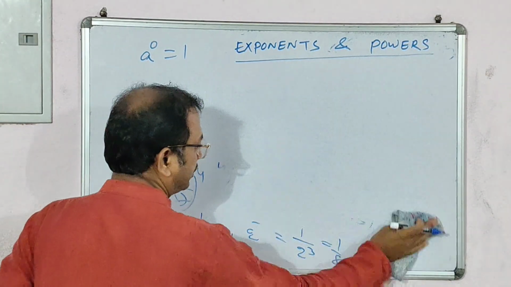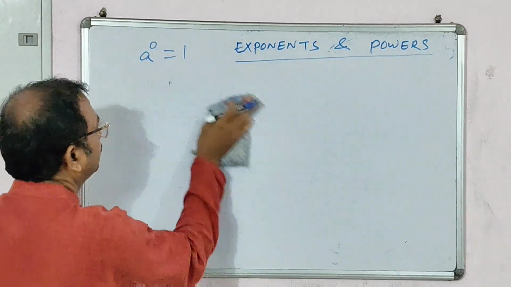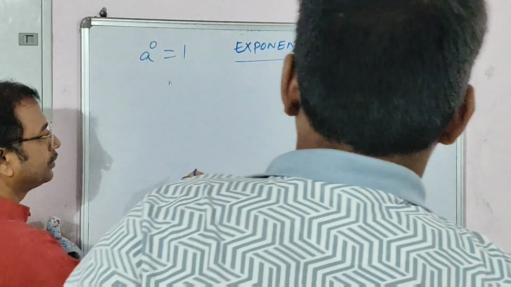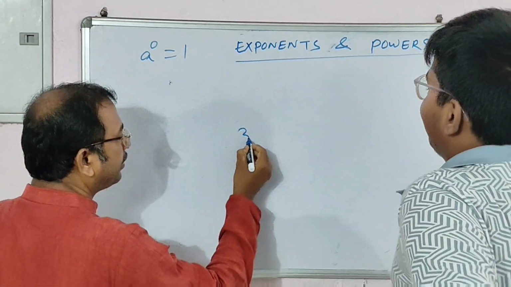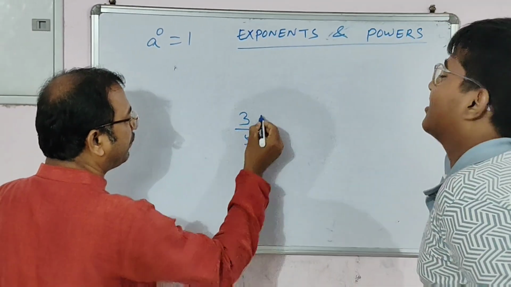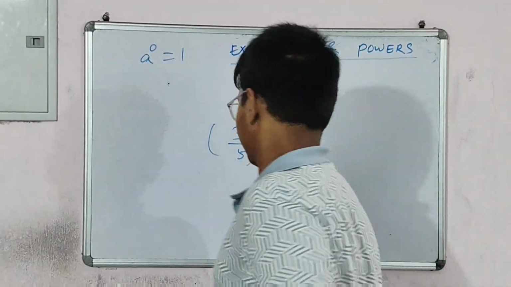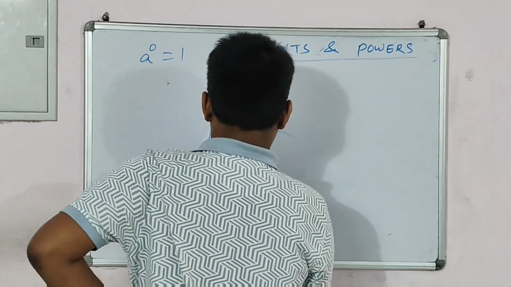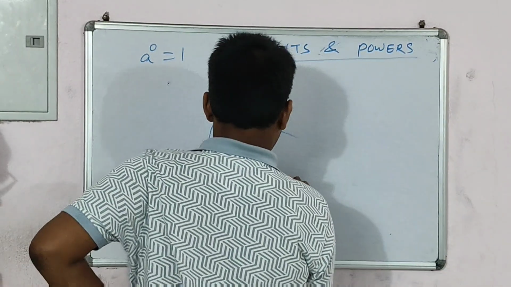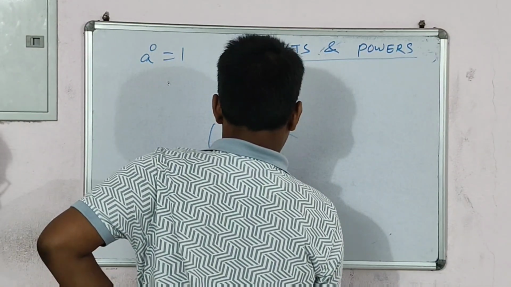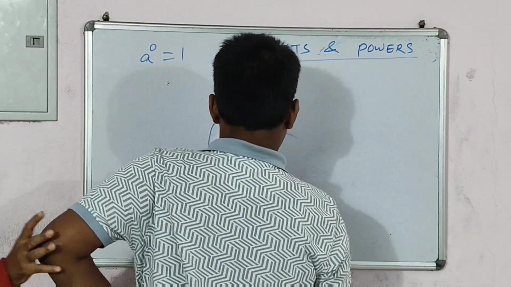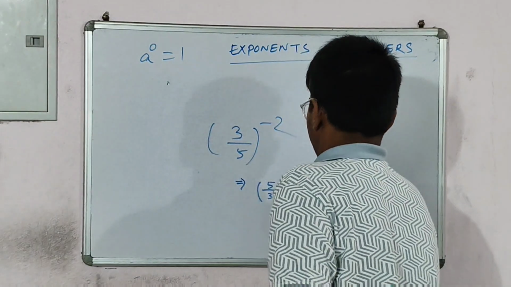Siddharth, come. Siddharth. Suppose it is given 3/5 to the power -2, evaluate, find its value. थोड़ा हट के लिखो इसे.